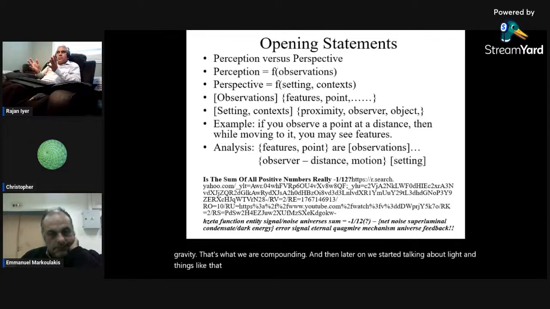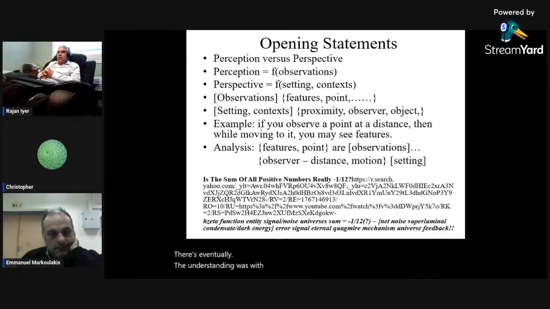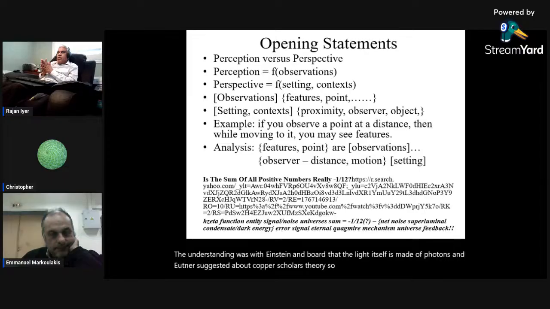The understanding came with Einstein and Bohr that light itself is made of photons, and Newton had suggested the corpuscular theory. All these are still in the books, behind the scenes, still going on.